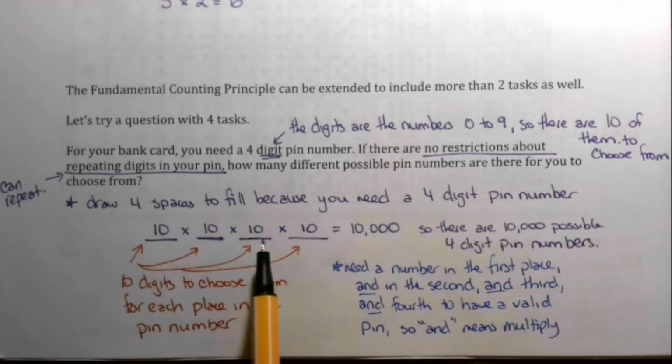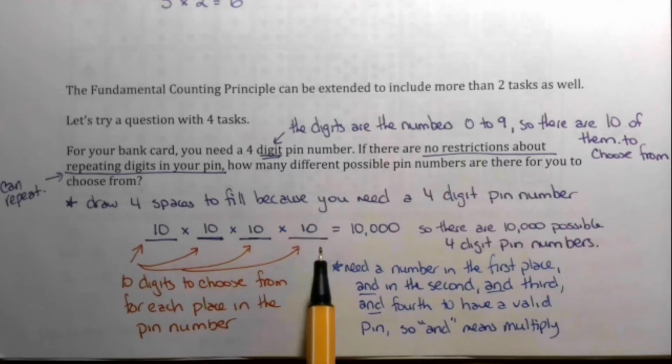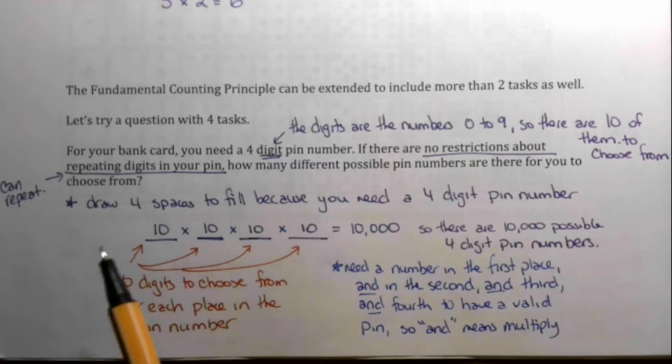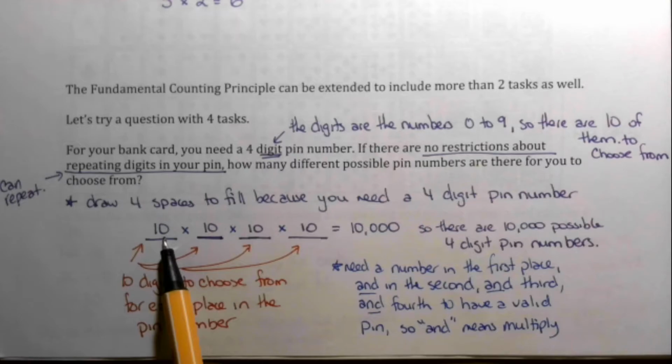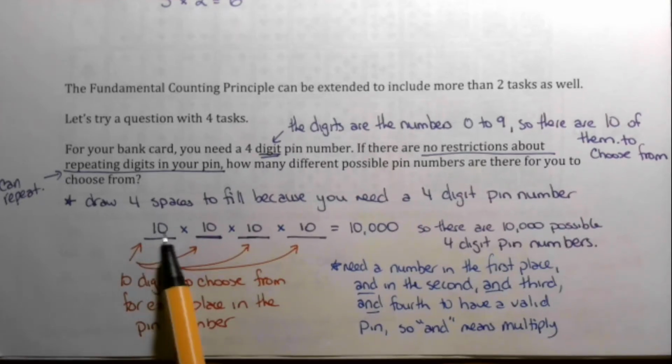So I always start by drawing my 4 lines. Then I need to think about how many possible numbers can go into that first space. And if I'm allowed to use all the digits from 0 to 9, there are 10 numbers to pick from. It doesn't mean that I'm putting a 10 as my first digit of my PIN number, because that's a 2-digit number. It just means there's 10 digits that I'm choosing from.